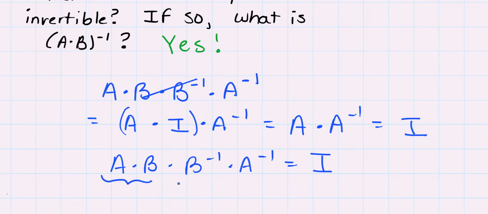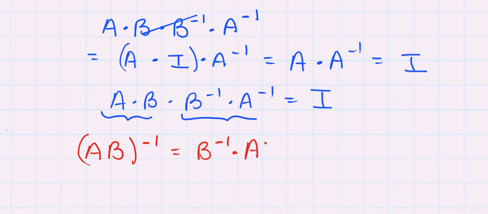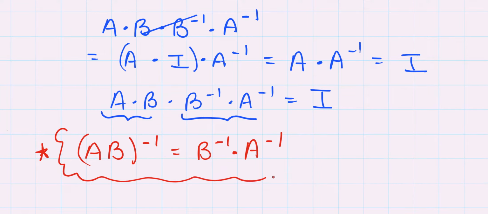So this is a product, and that product's inverse is right here. So that brings us to a very important fact, that A times B, its inverse is B inverse times A inverse. Okay? This is something you need to memorize.